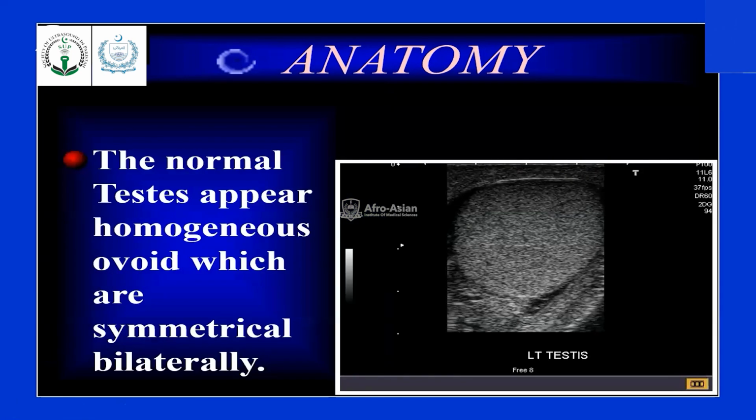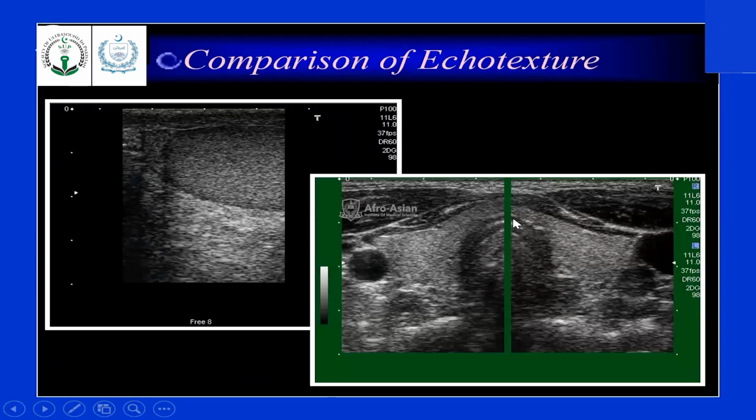The normal testicles appear homogeneous, white, which are symmetrical bilaterally. They are homogeneously ovoid in shape. When we compare its echogenicity with the thyroid, it is relatively hyperechoic.